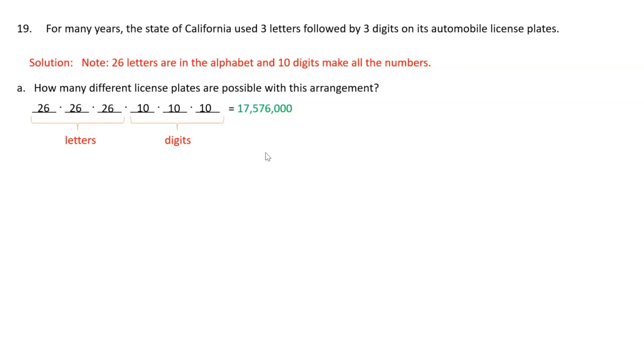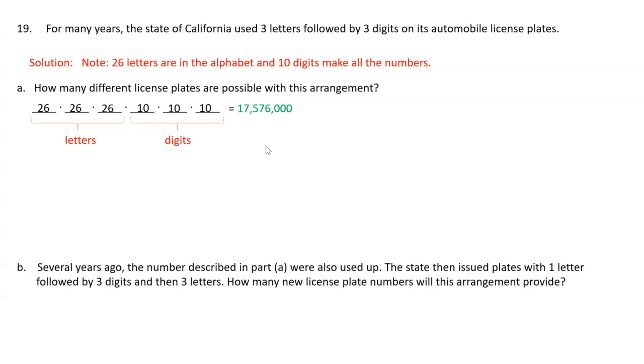17,576,000 different arrangements. Now for part B. Several years ago, the numbers described in part A were all used up. The state then issued plates with 1 letter, followed by 3 digits, and then 3 letters. So this is my 1 letter, followed by 3 digits, followed by 3 letters.